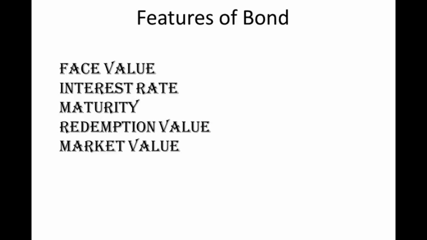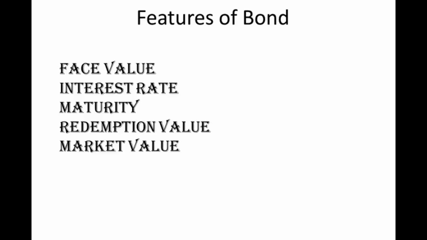Maturity, as we know, most of the bonds are redeemable and hence they also have a maturity. Then coming to redemption value, it is the value that the bondholder will get on maturity. It is called maturity value. So it can be redeemed at par or at premium or at discount.